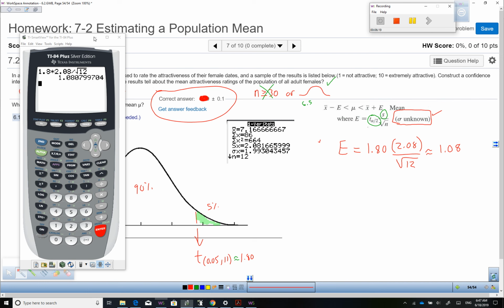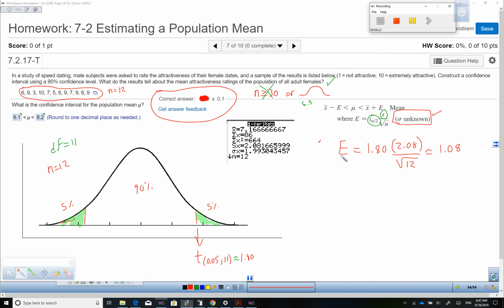To construct the confidence interval, well, I get the sample mean, which is this part, and I do 7.17. Let me round it up to 7 minus 1.08. That is my lower limit, it's the lower bound or lower limit here.